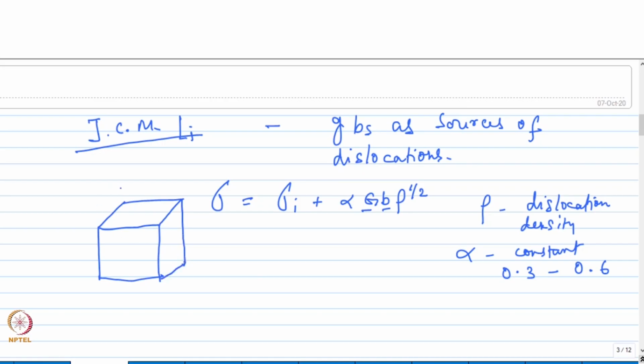So let's say that is d, that's the size of the grain. So as I said before, the dislocations will be generated by the grain boundaries, and every boundary will have its own efficiency of emitting dislocations. So let's say M is the efficiency of grain boundaries to emit dislocations.